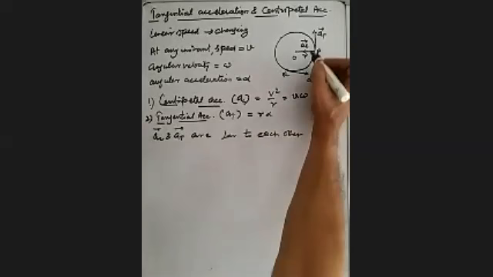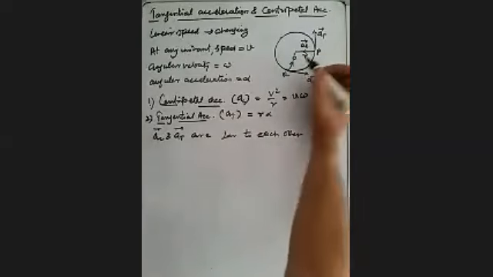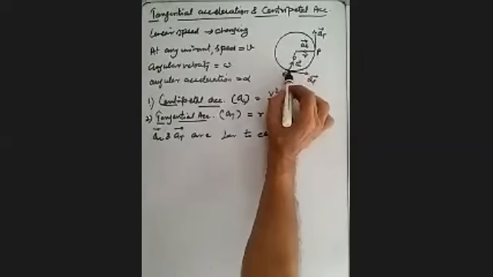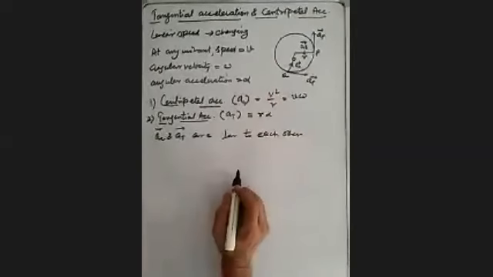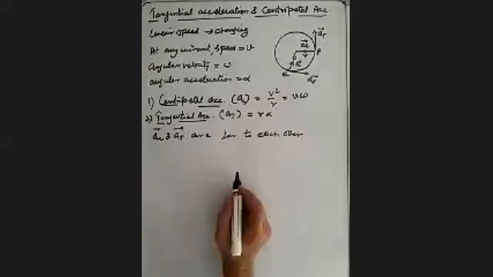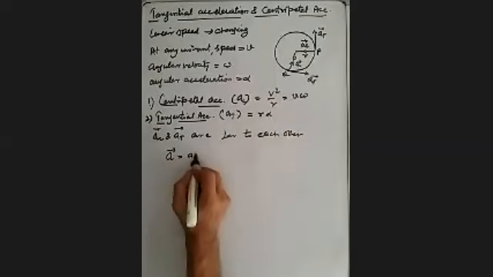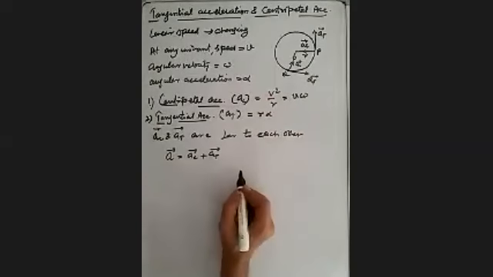So wherever it is, the acceleration will be like this. So AC is the centripetal acceleration. So always AC and AT are perpendicular to each other. Therefore the resultant acceleration A vector is equal to AC vector plus AT vector, that is the vector sum of the two.